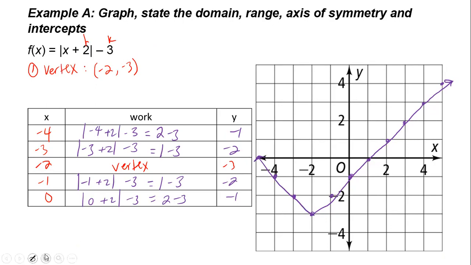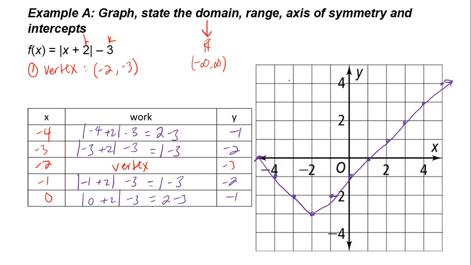Okay, now we're going to find our domain and our range. So the domain of this absolute value function is what? Does it stop? Does it go forever left, forever right? Yes. All real numbers. So from -infinity to positive infinity. It goes forever.